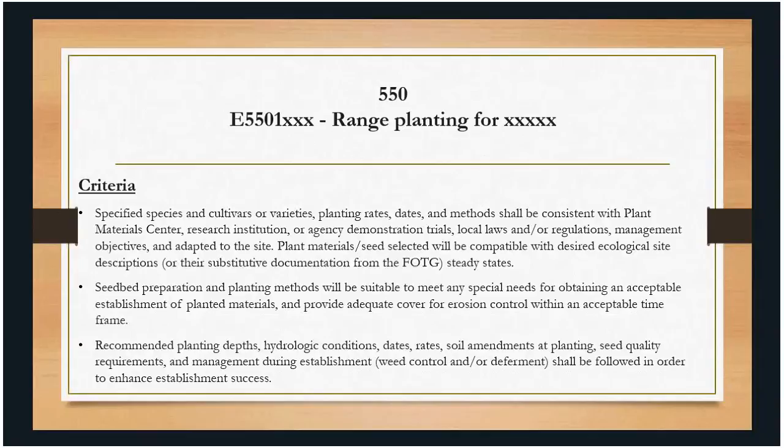Okay, so they might have those differing enhancement descriptions, but they had the same criteria.